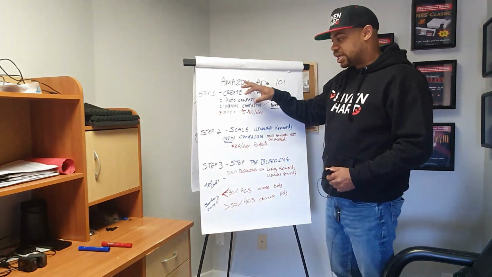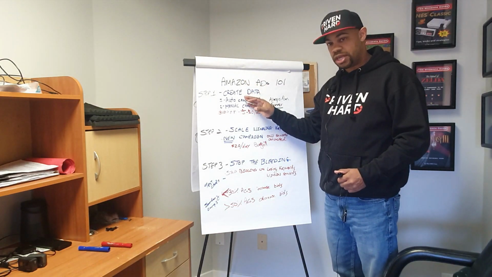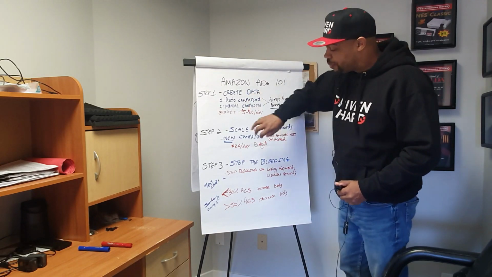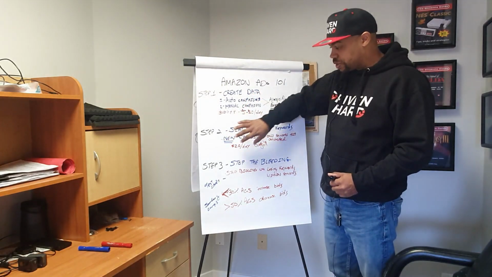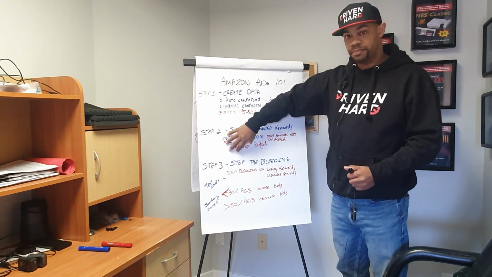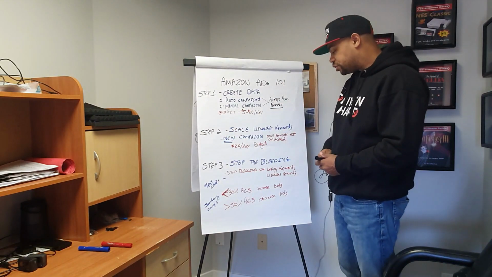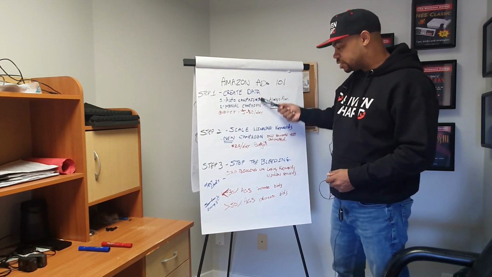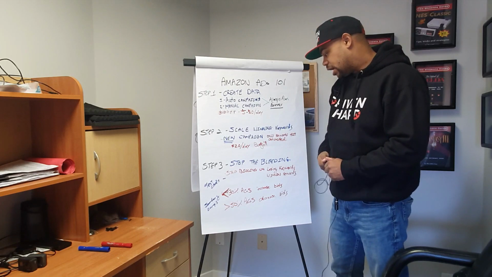Here we're just testing things out, seeing what's working. We're going to take the keywords that are making us sales, put them into a new campaign and really start blowing these ones up. And this is the moneymaker campaign. So you're only going to be using the keywords, like I said, that converted into sales from step one.